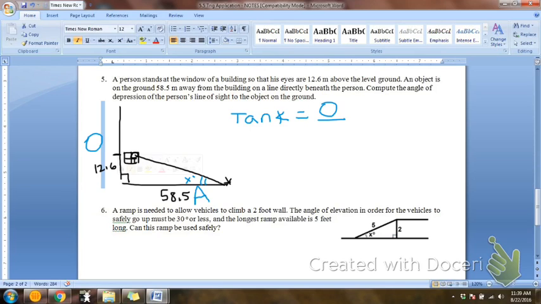Okay. Excellent. How do we get X by itself?